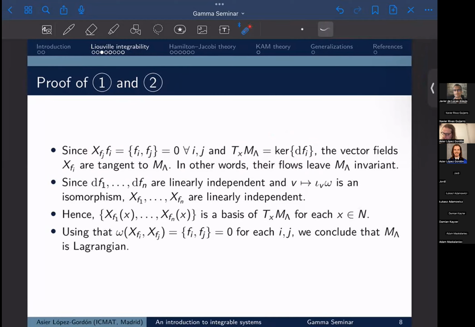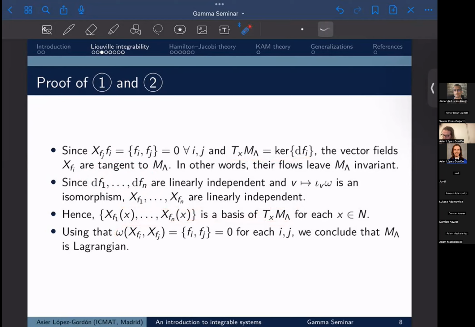Okay, in addition, we are assuming that these differentials of the Fi are linearly independent. But since the symplectic form defines an isomorphism between one forms and vector fields, then the Hamiltonian vector fields are also linearly independent. So we have n vector fields which belong to an n-dimensional tangent space, and they are independent, so they form a basis of this tangent space.